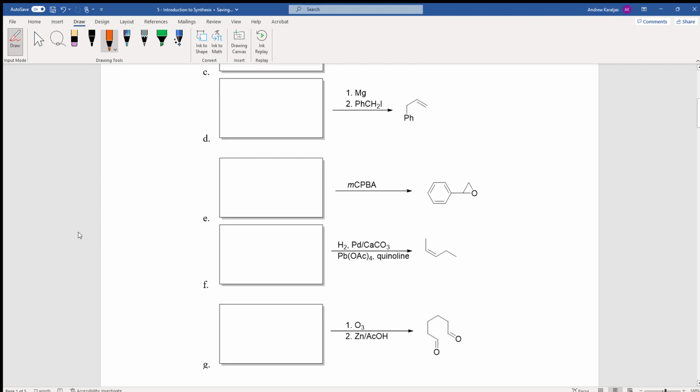All right, Part D, given that our reagents show us the presence of magnesium and an alkyl halide, we know that this has to be a Grignard. And that's really the only thing we've learned that we can do with magnesium. Now, our product has this section, the aromatic ring attached to a carbon.